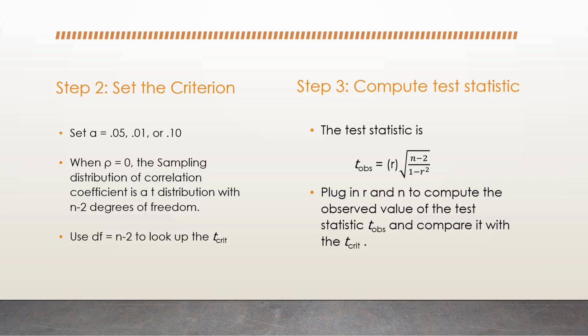When rho equals 0, the sampling distribution of the correlation coefficient follows a t-distribution with n-2 degrees of freedom. The formula to calculate the observed t-statistic is R times the square root of n minus 2, over the square root of 1 minus R squared, in which R is the correlation in the sample and n is the sample size.